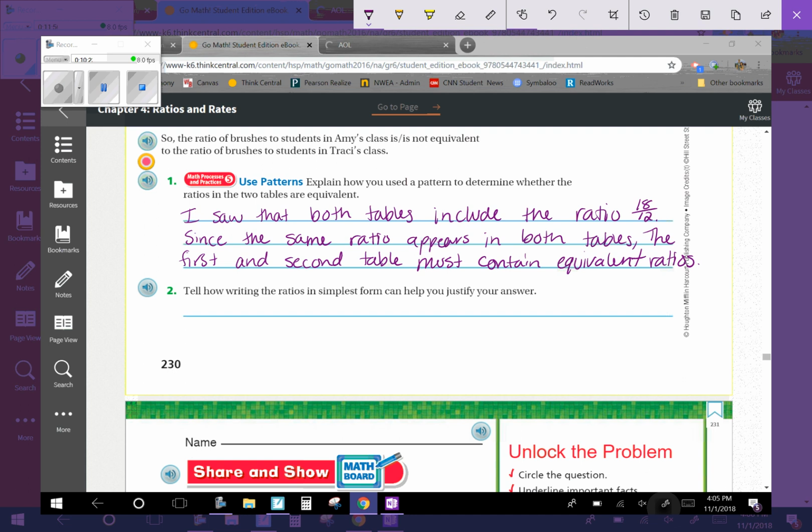Number 2 says, tell how writing the ratios in simplest form can help you justify your answer.